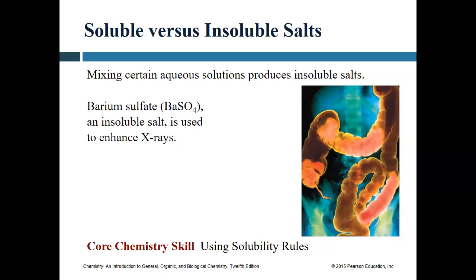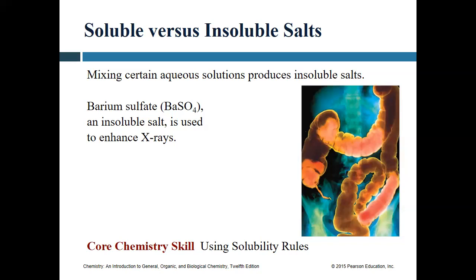Again, just general guidelines that we can follow that would help us predict when something dissolves and when something wouldn't dissolve. And for the most part, it follows some really simple guidelines. You don't have to memorize all the guidelines. This is, again, an example of something I would give you on an exam.